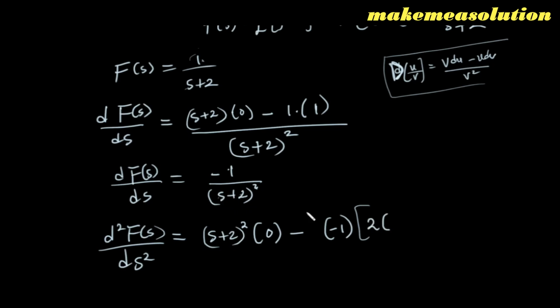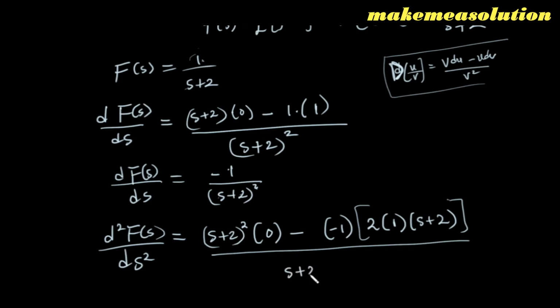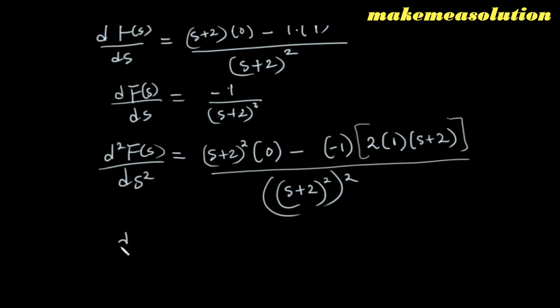If you differentiate the bracket with respect to s, you get 1. Then you rewrite the brackets and you subtract 1 from the power. 2 minus 1 is 1. So you just leave it like this. And all over the square of this one. When we square this one, what we are going to get is s plus 2 squared, meaning s plus 2 raised to the power of 4.